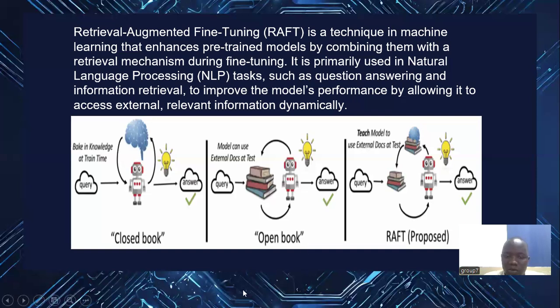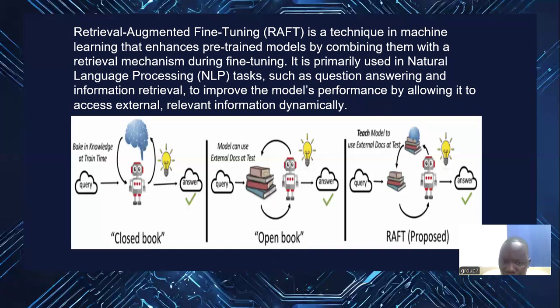Three approaches: closed book, open book, and RAFT. Now, RAFT is a combination. It picks knowledge from external sources, as you can see. So in summary, in a closed book, there is no access to external sources, and it does not learn from retrieved documents.